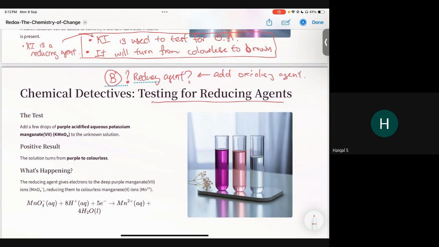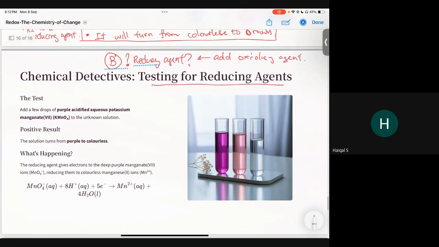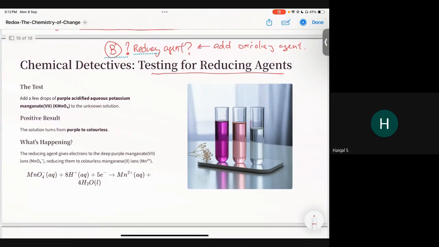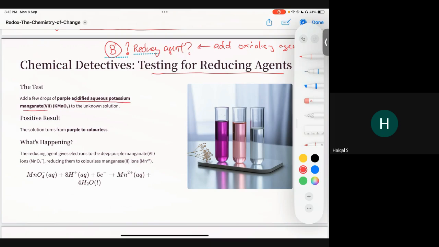The test itself is to add acidified aqueous potassium manganate(VII), or sometimes you say acidified potassium manganate solution. This is an oxidizing agent. The result is that it will turn from purple to colorless for a positive test.